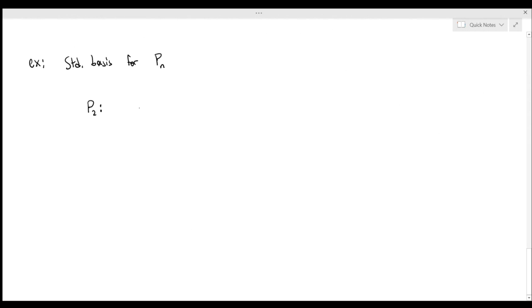Any polynomial in P2 can be represented in this form, a plus bx plus cx squared. I'm going to rewrite this as a times the constant polynomial 1, plus b times the polynomial x, plus c times the polynomial x squared.